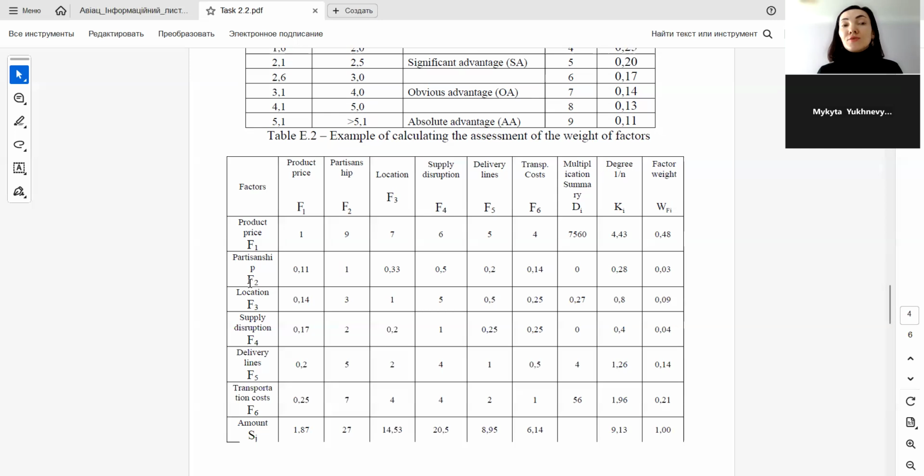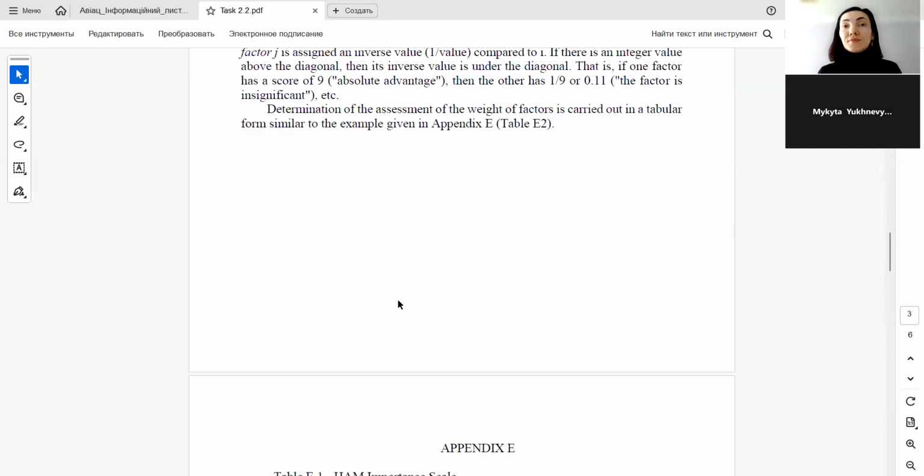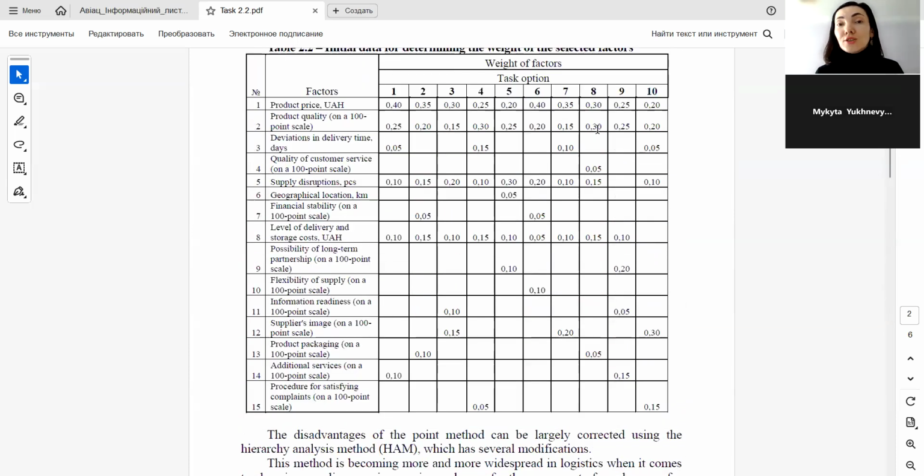So we need to find difference between second and third factors. So please find your wage second and third factor and find this difference. Now I open table. So for each variant second factor, it is 0.30 wages. It is second and here second factor. 0.30 we divided on wage of our third factor 0.05.